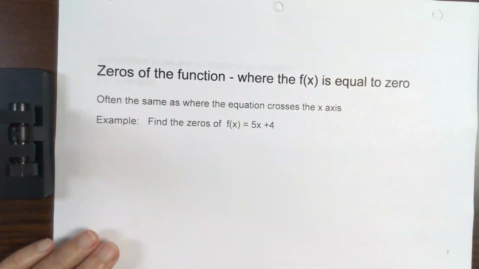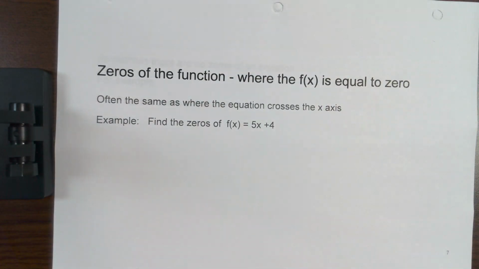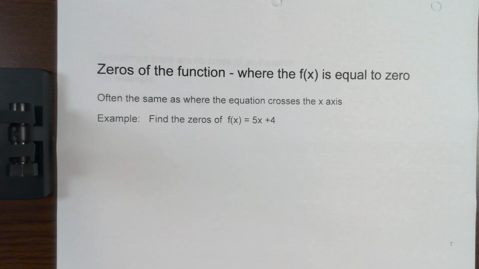All right, the last thing in this section has to do with the zeros of a function. Basically that is where the equation is equal to 0. In other words, what value does x need to be for the equation to equal 0? Often it's the same as where the equation crosses the x-axis.